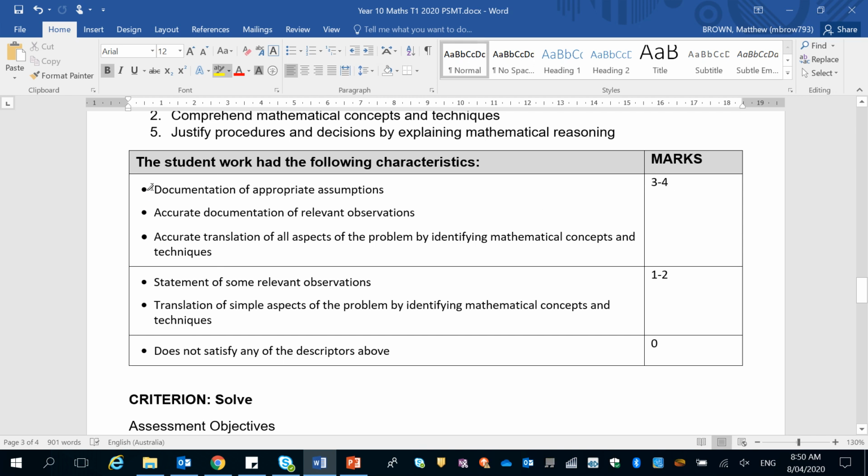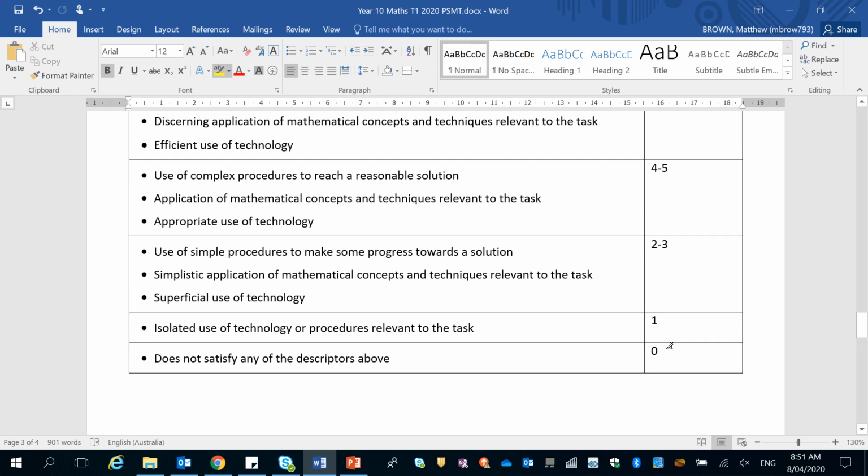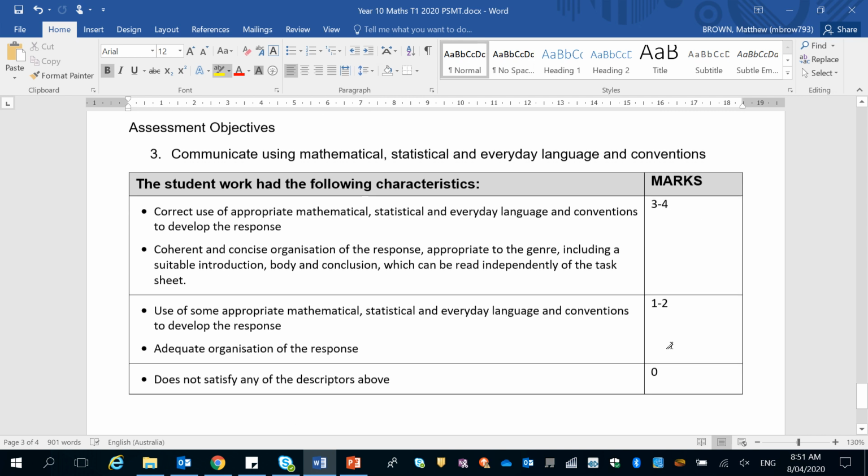If you have one of these and one of these, you get either a 3 or a 2, depending on how well you did. If you don't have any ticks in here, and basically you don't satisfy any of the descriptors, you get a 0 out of 4. Same applies for the solve, same applies for the evaluate, same applies for the communication.